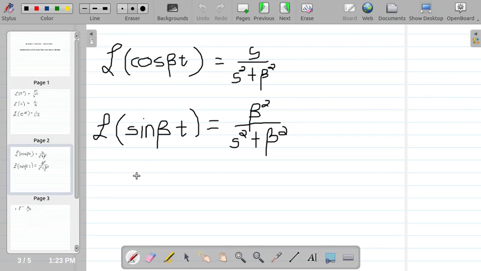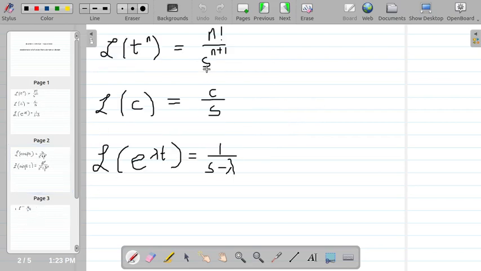So, from the T domain, t raised to the power of n, a constant, and e raised to the power of gamma t, we previously solved for their S domain: n factorial over s raised to the power of n plus 1, c over s, and 1 over s minus gamma.